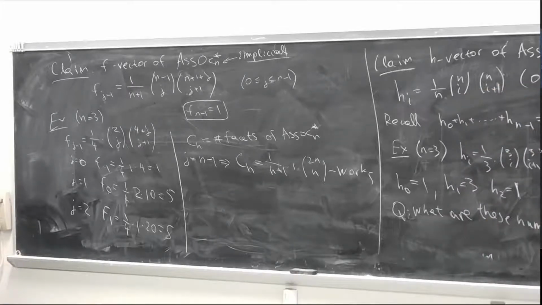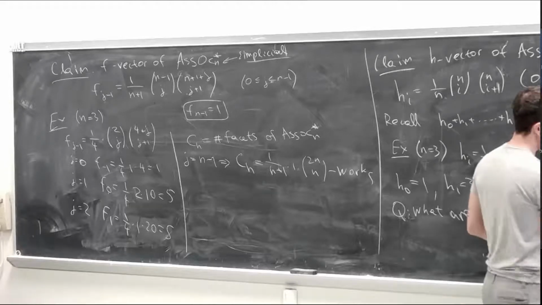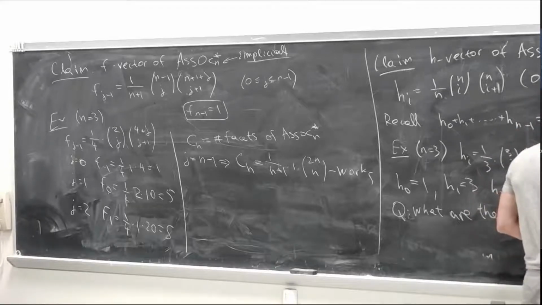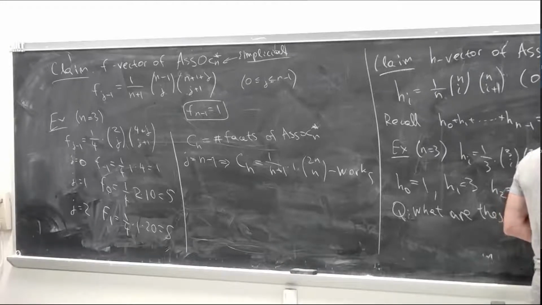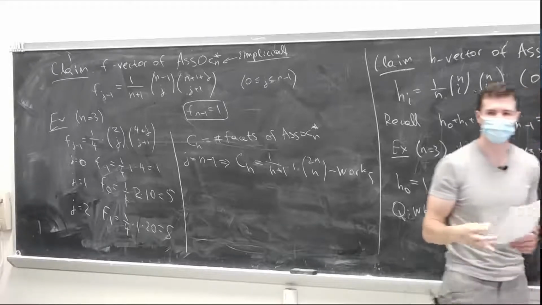A Dyck path is a lattice path which stays weakly above the diagonal. So you have the diagonal, and you're allowed to make up steps and right steps, and you're supposed to always stay above the diagonal.